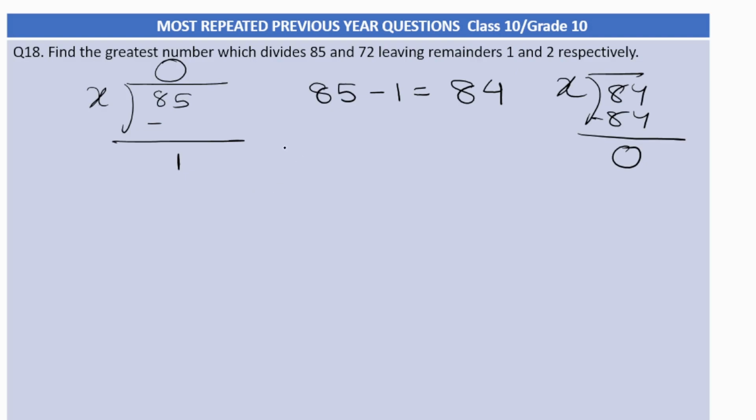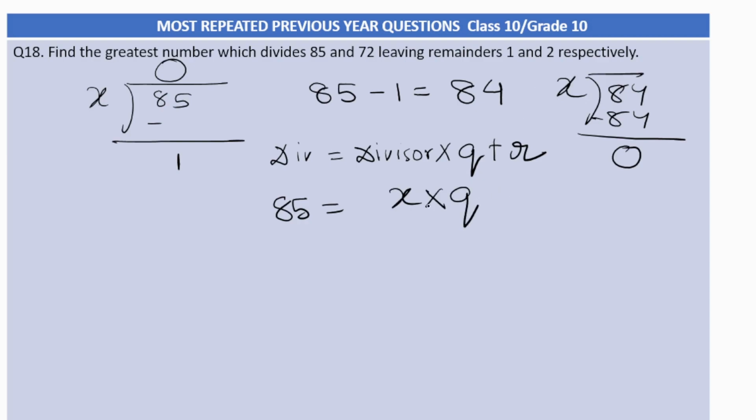You must be knowing this: dividend equals divisor into quotient plus remainder. So our dividend here is 85, the divisor here is x, and the quotient we don't know, because we don't know the divisor. Some number will definitely come. The remainder is 1.